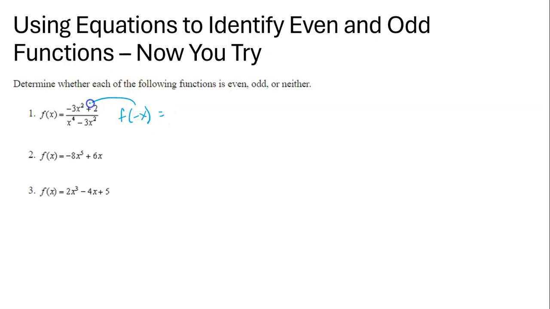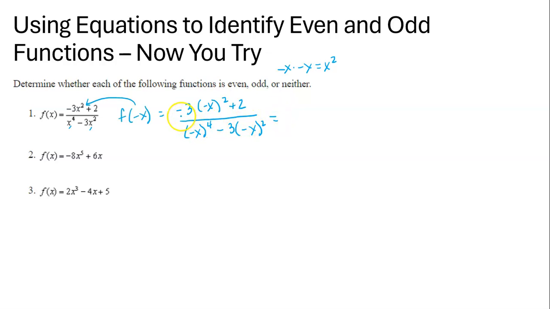So I'm going to plug negative x into all of the x's here and here. So I have negative 3 times negative x squared plus 2 over negative x to the 4th minus 3 times negative x squared. Okay, so I know that negative x squared is positive x squared.